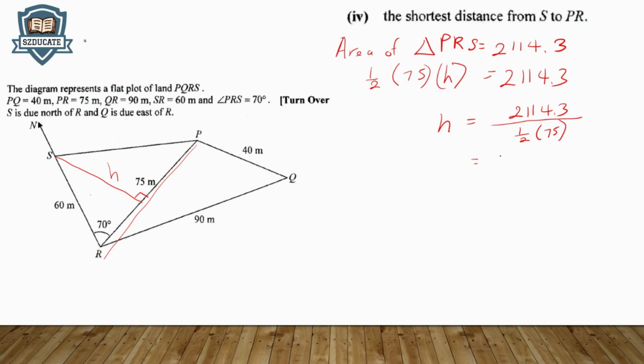So H would be 56.381, 56.4 meter, 3SF. And don't leave it as H. The question asks for shortest distance, so you give them back shortest distance. At least write it out for them. Okay, this is your part 4.